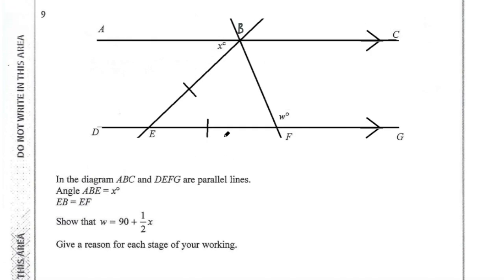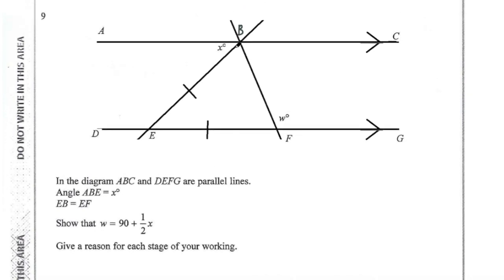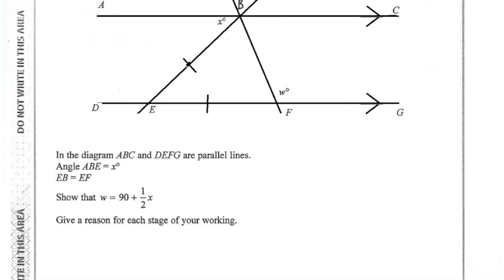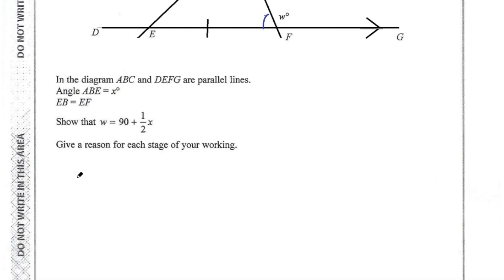Well, the first thing I'd note is that these two angles in this triangle are equal because this is an isosceles triangle. So base angles in an isosceles triangle are equal, and that's going to allow us to relate W to X. But just before we go into that, let's firstly state what this angle in here is, BFE. So angle BFE we can see must equal 180 minus W because that angle is on a straight line.